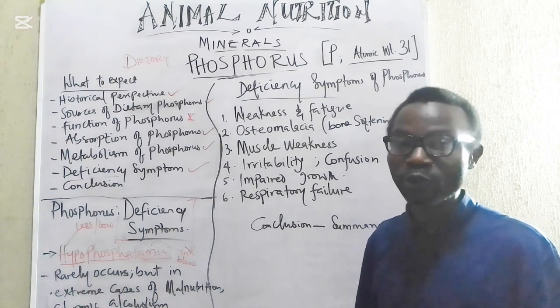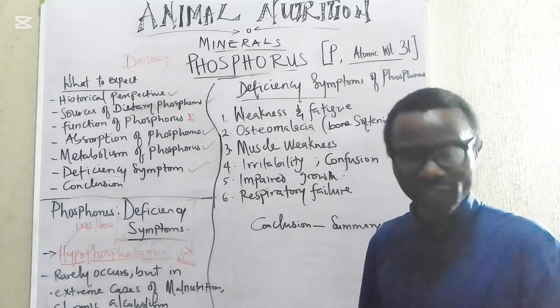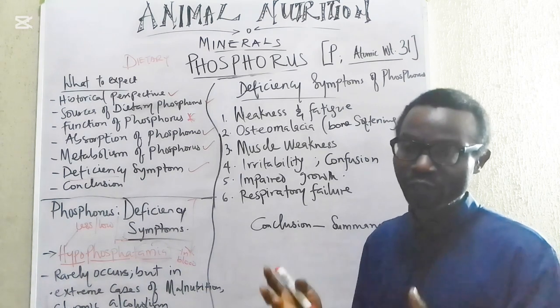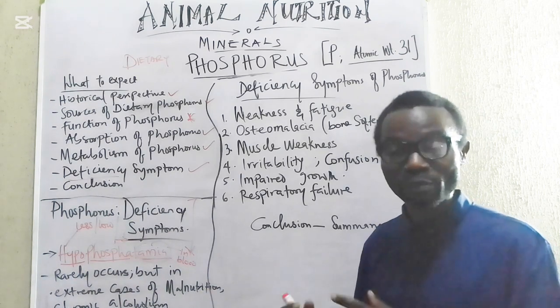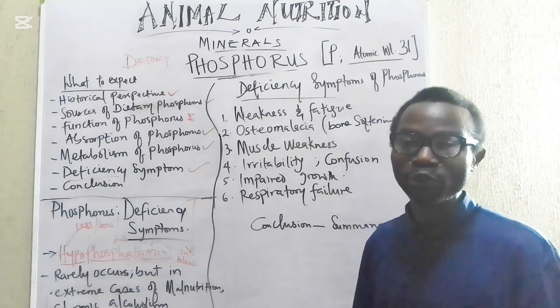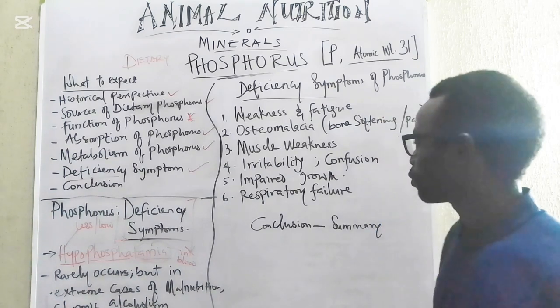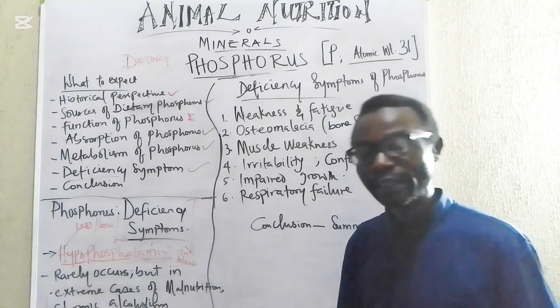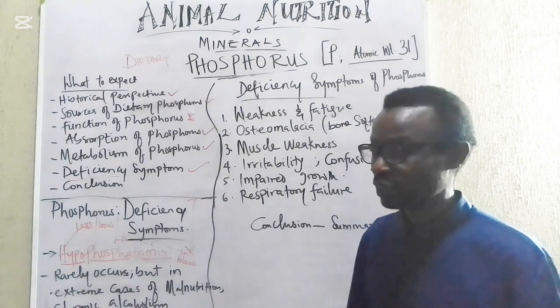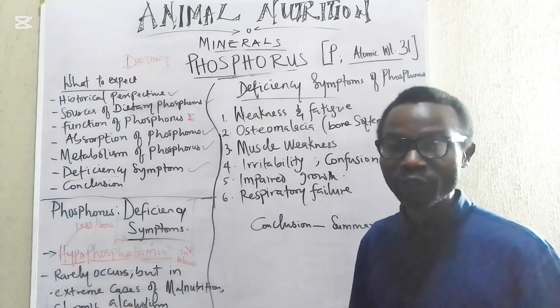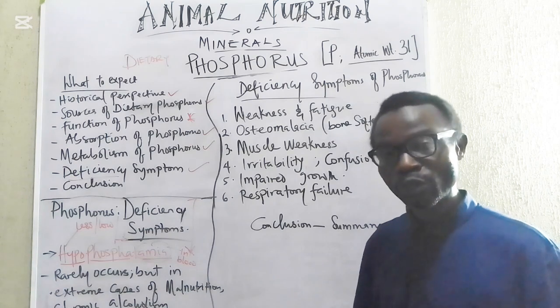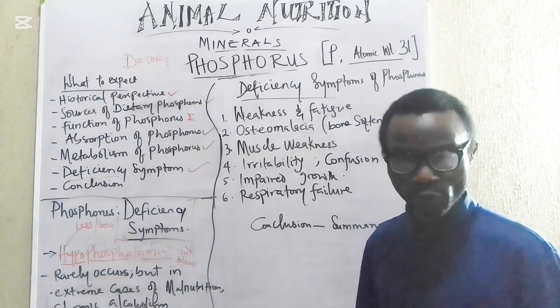And for cells of the body, of which phosphorus is a structural component, formation will be affected and impaired. There are also respiratory failures and difficulty in breathing. These are also part of the deficiency symptoms of phosphorus.